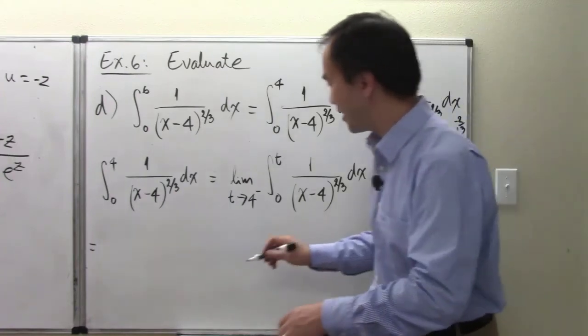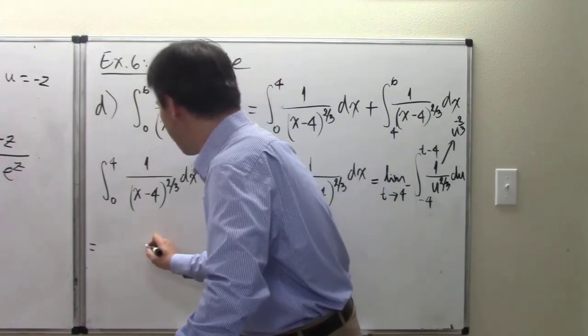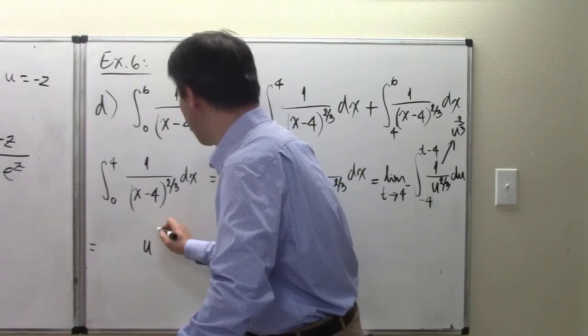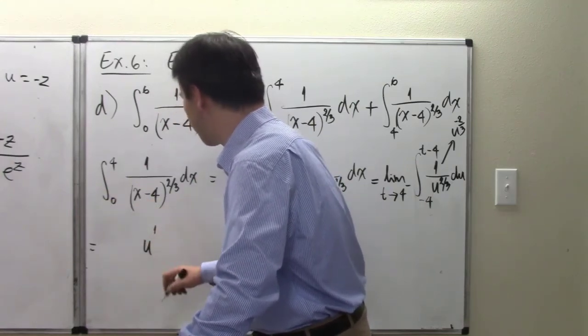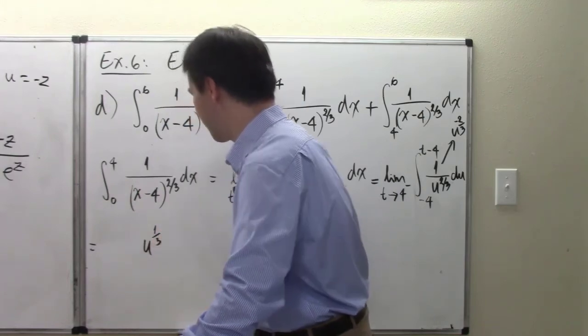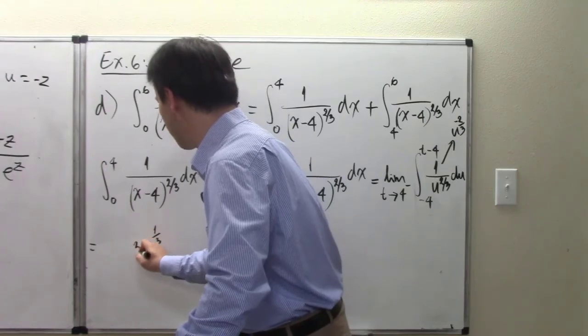And so now the antiderivative here is going to become u to the, now minus 2/3 plus 1 is going to give me a positive 1/3, and then I'm going to divide that by the new power, so that means dividing by 1/3, which gives me 3.